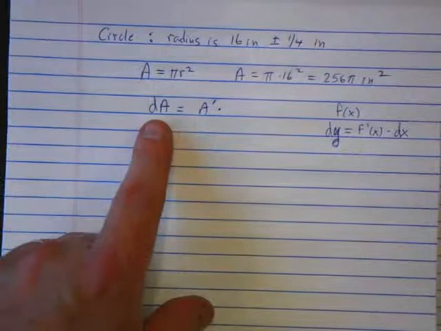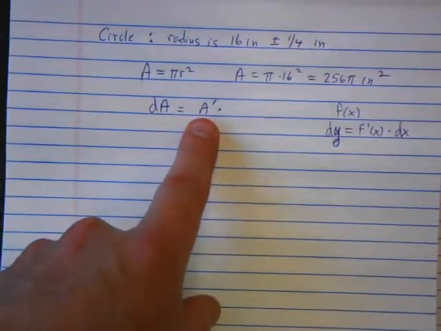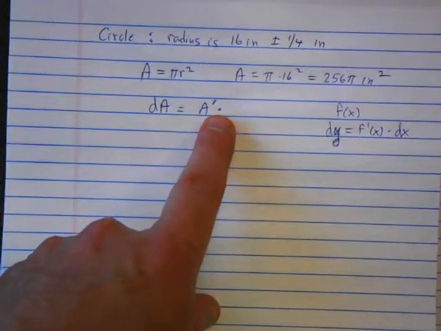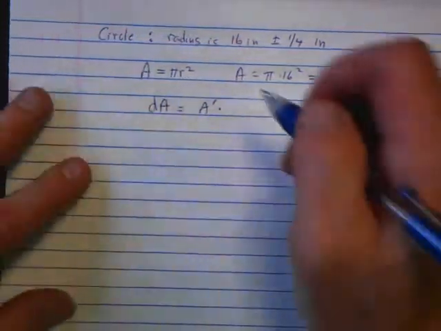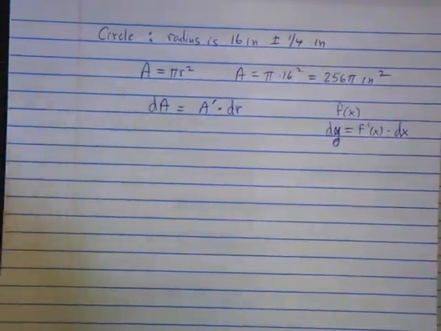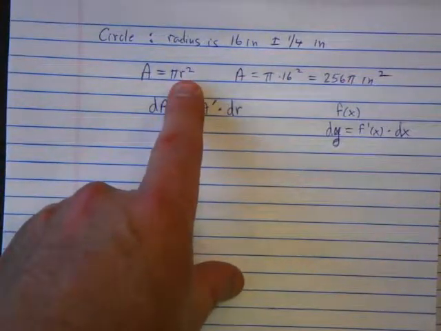So in this case, the change in area is going to be the derivative of area times dr, where our variable in this case is the letter r, not the letter x.